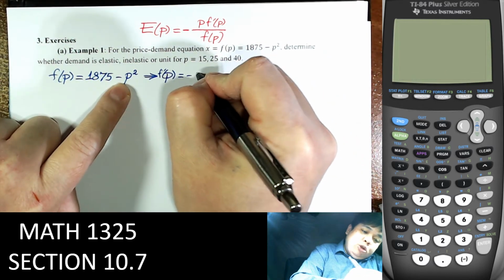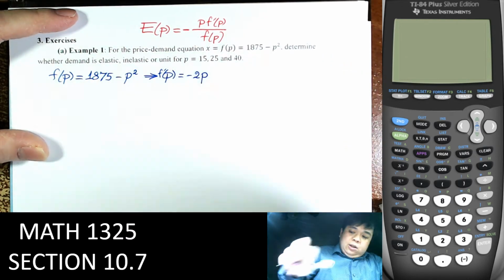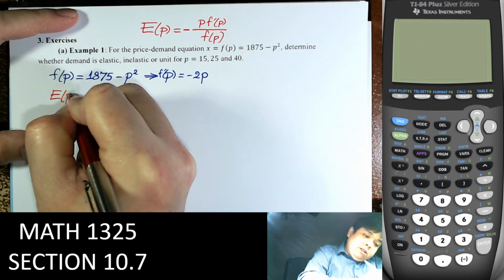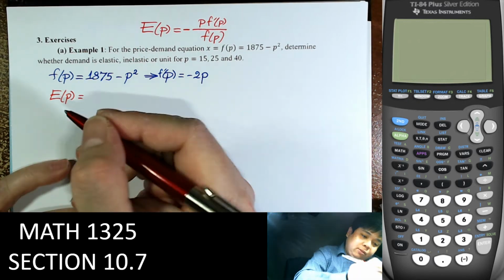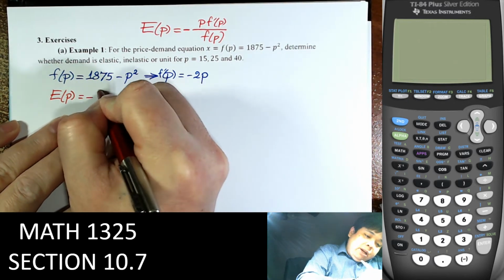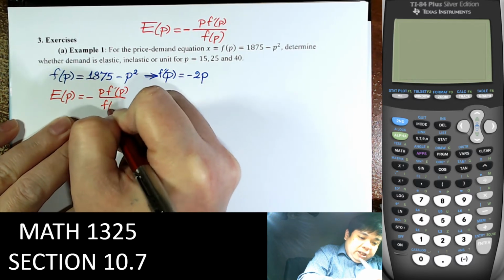It's just negative 2p. So the elasticity of demand is negative p f prime of p over f of p.